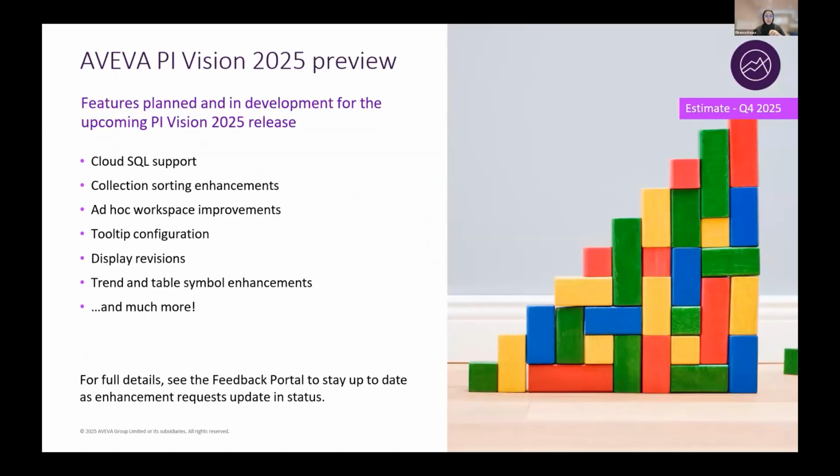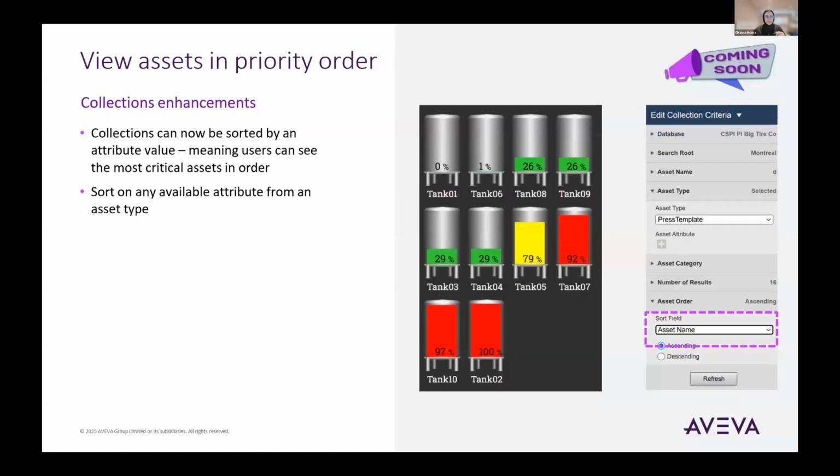And moving on to the next part of the presentation, which is what's coming up in 2025. Again, this is scheduled to be released in Q4 2025. The collection feature, or the collections feature, was first introduced in PI Vision 2016.